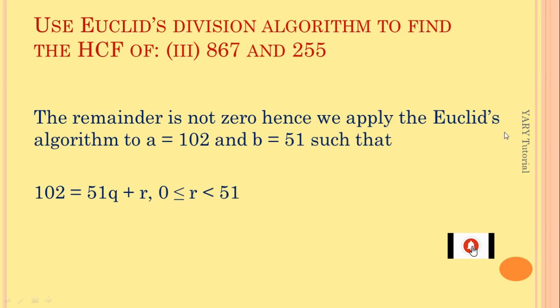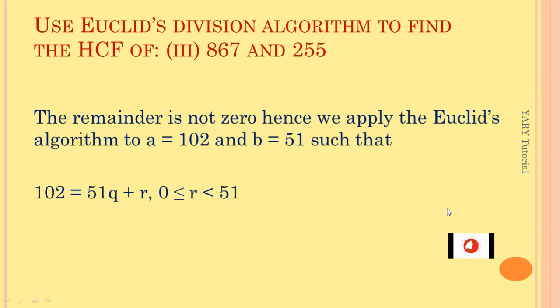Again, we will be applying Euclid's algorithm to the divisor at the previous step, that is 102, and the remainder, that is 51, such that 102 will be equal to 51 into q plus r, where our remainder will range between 0 and the divisor 51.